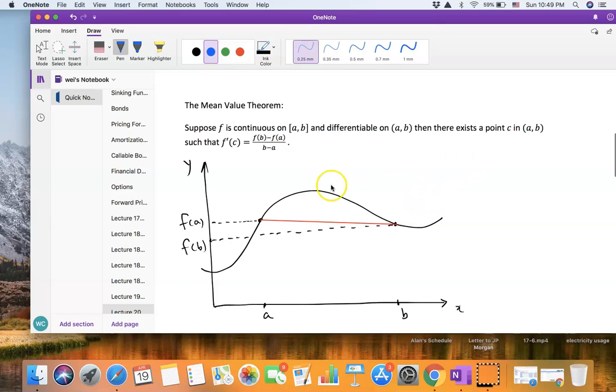And this means the graph should have no corner or sharp point like this. If the graph looks like this, now this is only continuous. It is not differentiable because at this number, the derivative is undefined.